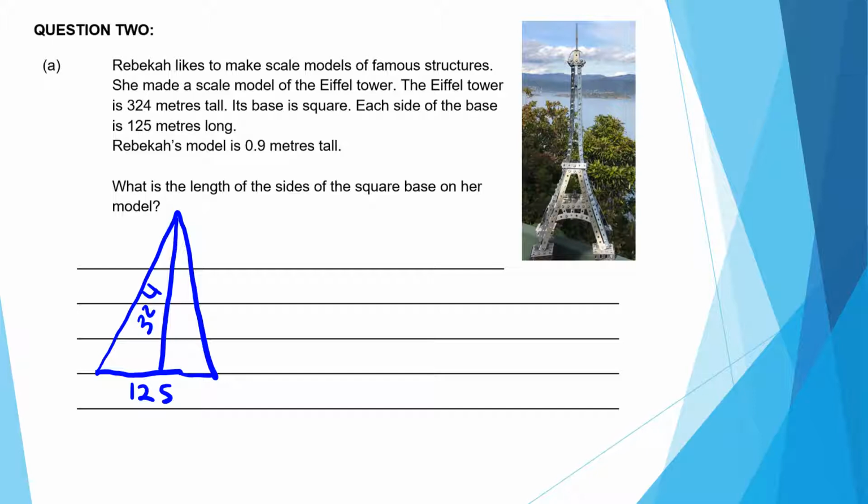And then Rebecca, of course, has made one which is much smaller, which has a height of 0.9 meters and a base which we don't know, let's call it x.